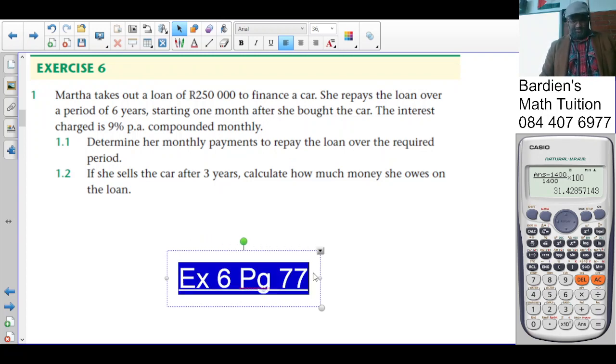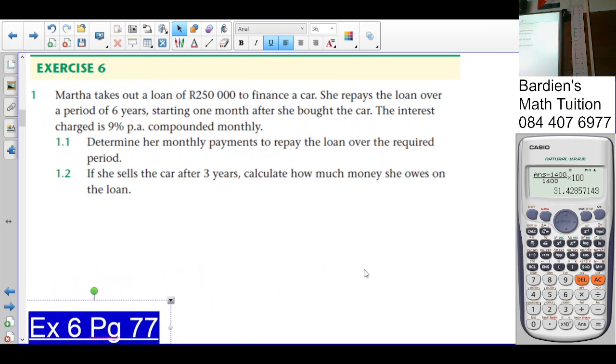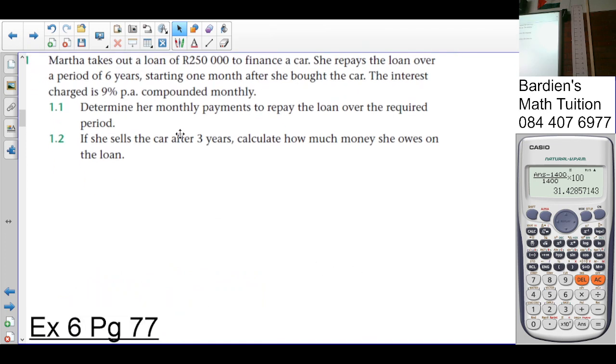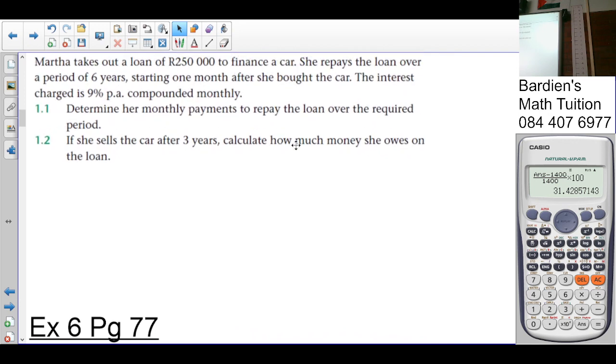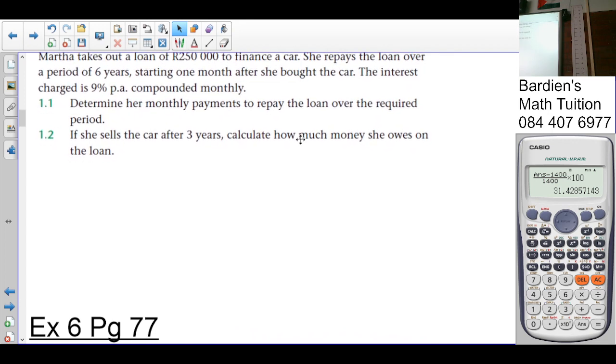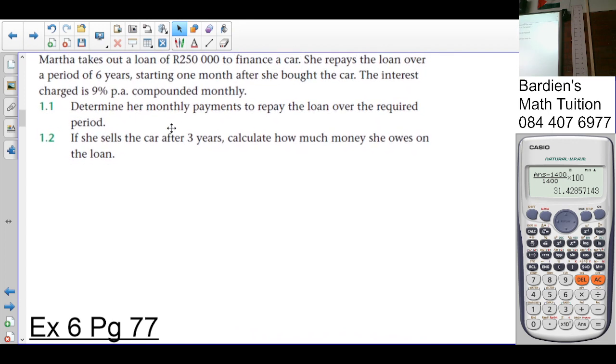Exercise 6 on page 77. Alright, so she takes out the loan of 250,000 rand to finance a car. The repayments on the loan are over a period of 6 years, starting 1 month after she bought the car. The interest charge is 9% per annum compounded monthly. Determine the monthly payment to repay the loan over the required period.